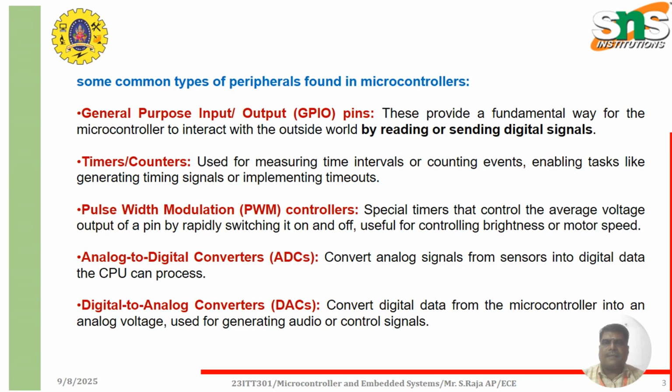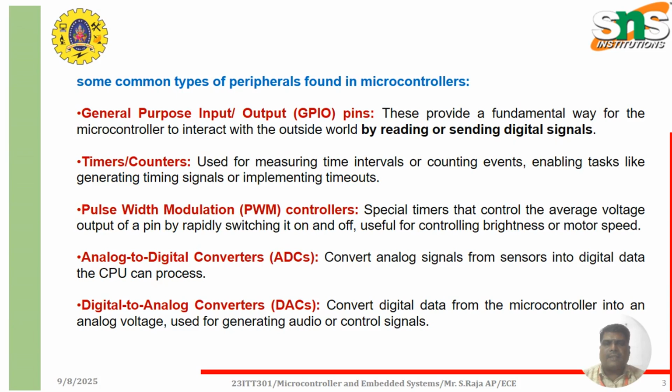Some common types of peripherals found in microcontrollers are general purpose input output pins, timers and counters, pulse width modulation controllers, analog to digital converters, and digital to analog converters. Let me see them individually. GPIO pins, that is general purpose input output pins, provide a fundamental way for the microcontroller to interact with the outside world by reading or sending digital signals.